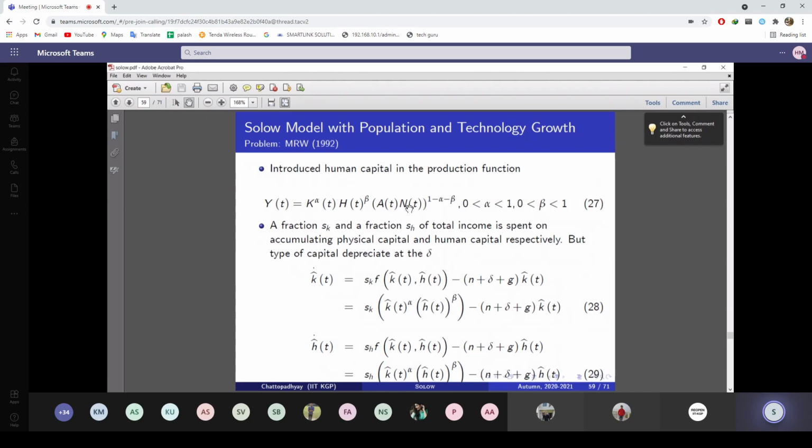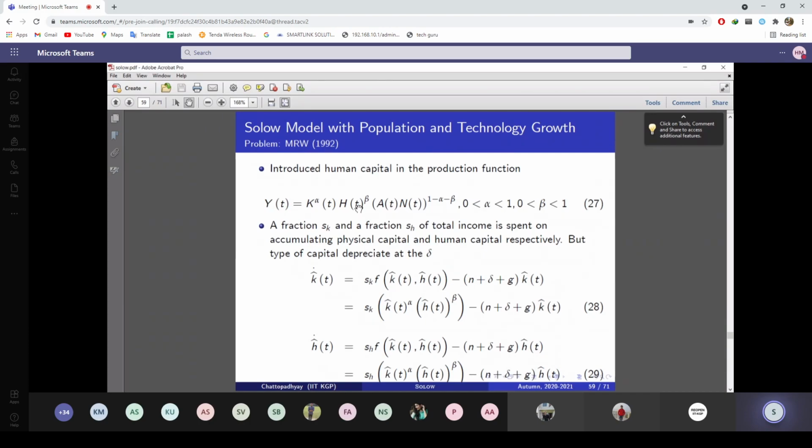If K_t, H_t and the effective labor force are increasing at the rate of lambda, output is also increasing at the rate of lambda. It's still constant returns to scale, but they introduced this H_t to the power beta, human capital. Why? Because without H_t, the convergence rate, 1 minus alpha times n plus delta plus g, gives a much faster convergence. People have analyzed that.